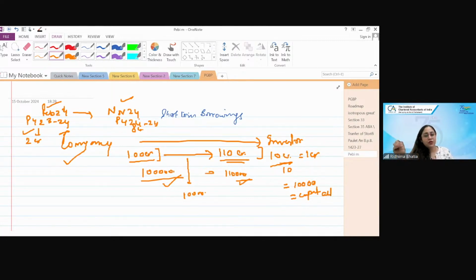The redemption of zero coupon bonds is a capital gain transfer, and hence this difference which they receive is capital gain income. You will study this in your capital gain class, but if you remember this example in your mind, you will be able to relate it easily. Any doubt on zero coupon bonds?